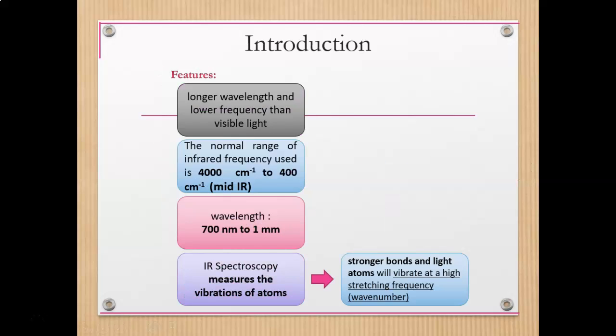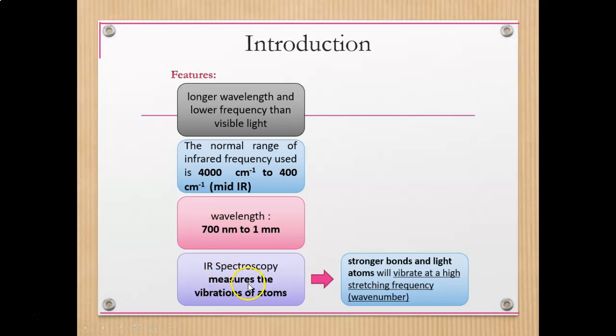So for infrared, longer wavelength and lower frequency than visible light. The normal range of infrared frequency used is 4000 centimeter negative 1 to 400 centimeter negative 1, which is in the range of the mid IR region. Wavelength 700 nanometer to 1 mm.